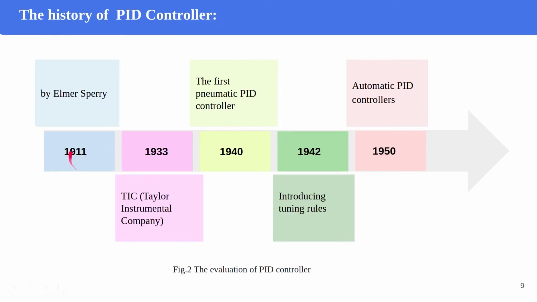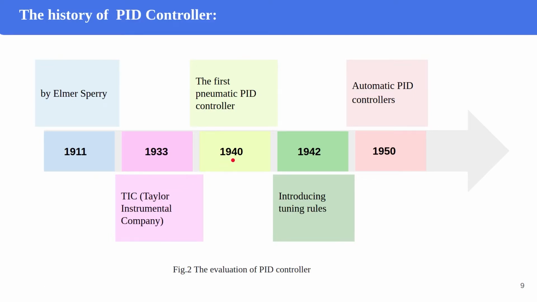The first evolution of the PID controller was developed in 1911 by Elmer Sperry. A few years later, in 1933, Taylor Instrument Company, Tech, introduced the first pneumatic controller with a fully tunable proportional controller.